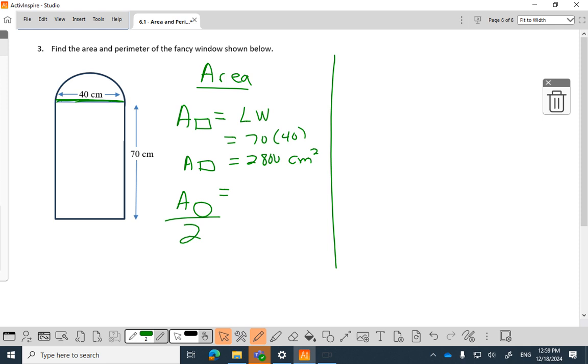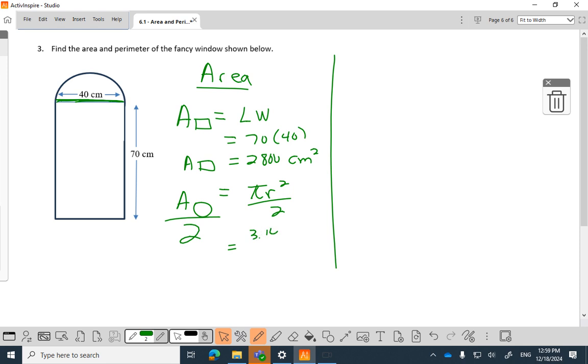Okay, what's the area of a circle? Area, pi r squared. But then divide by 2.